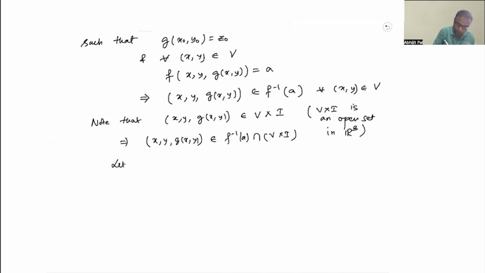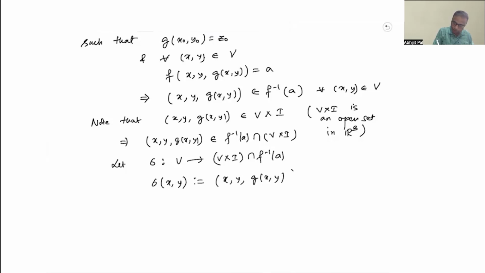And now let us define a map. Let sigma be a map defined from this B to B cross I intersection f inverse a. How is this defined? Sigma of (x, y) is equal to (x, y, G(x, y)).